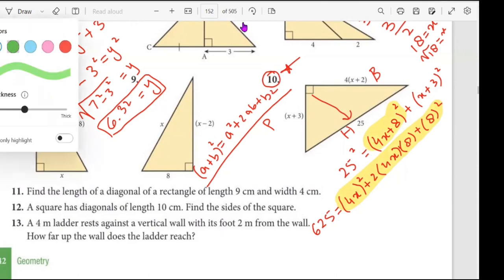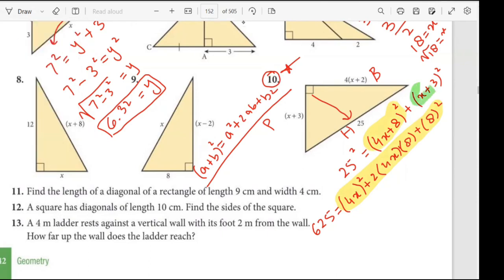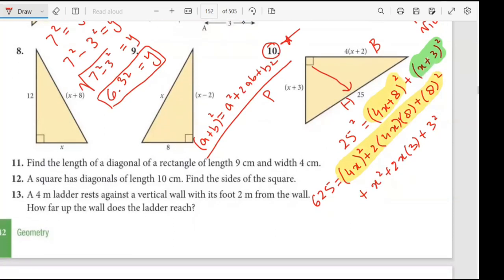Now open the second formula, x plus 3 whole square. So I write this plus sign: a square plus 2 times a and b plus b square. Now write all these values together in one line, then it will be a quadratic equation.